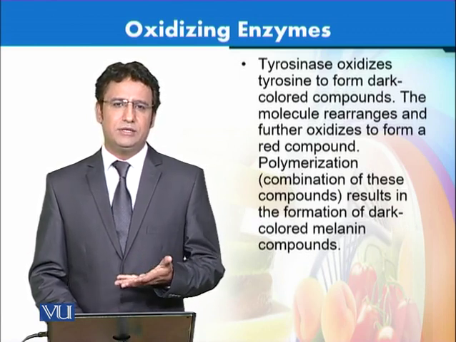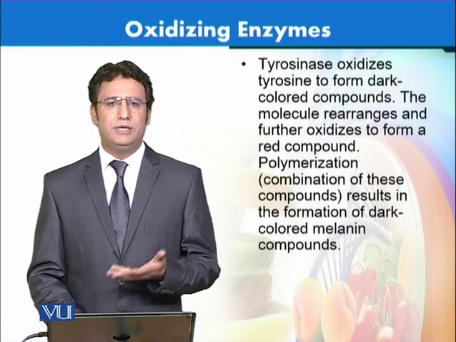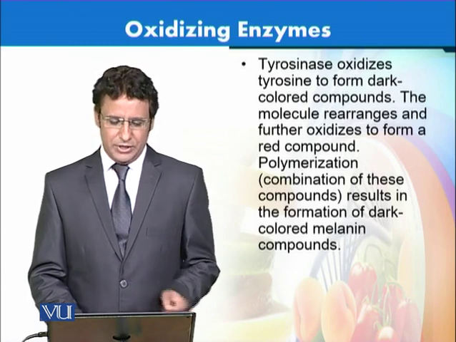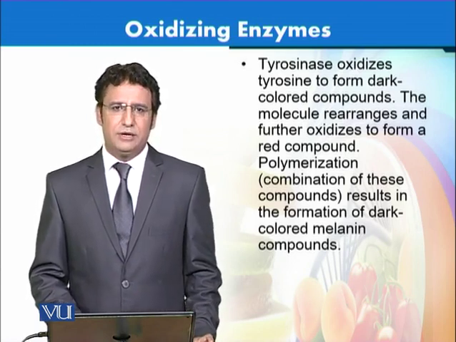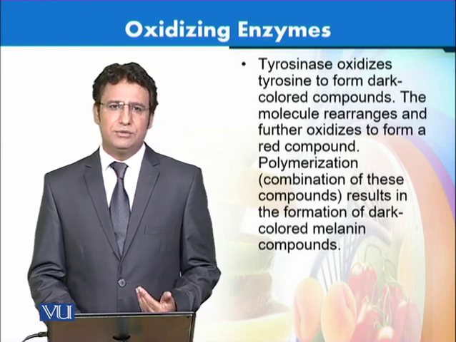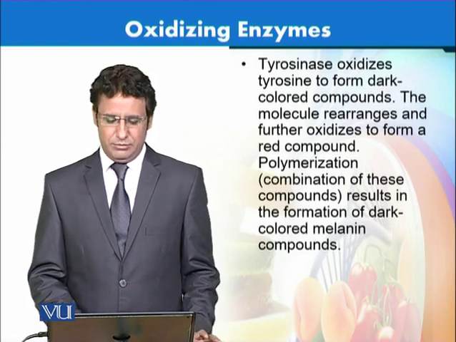Although safety is not a serious concern with the action of these enzymes, it's the physical or visual appeal that is affected. Another enzyme is tyrosinase. It works on tyrosine. As you know, tyrosine is an amino acid, and it produces dark color compounds.